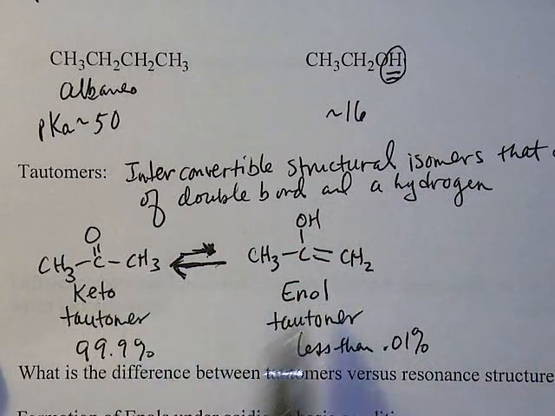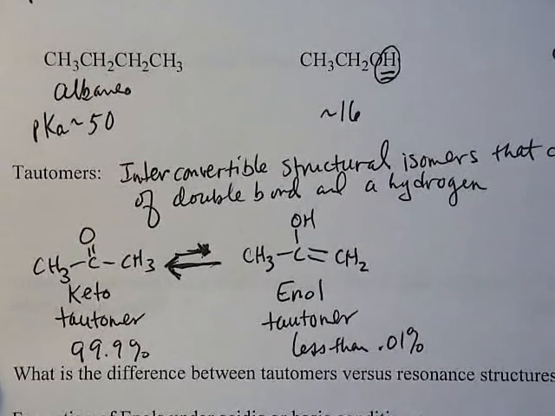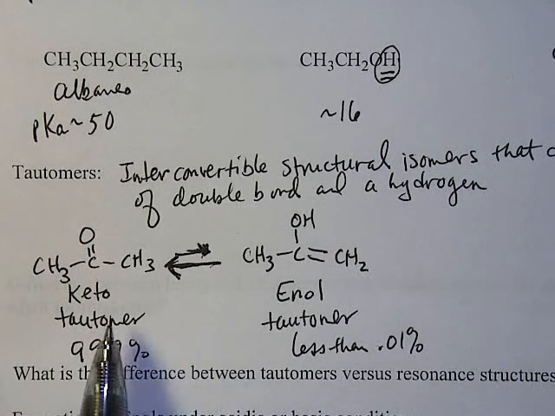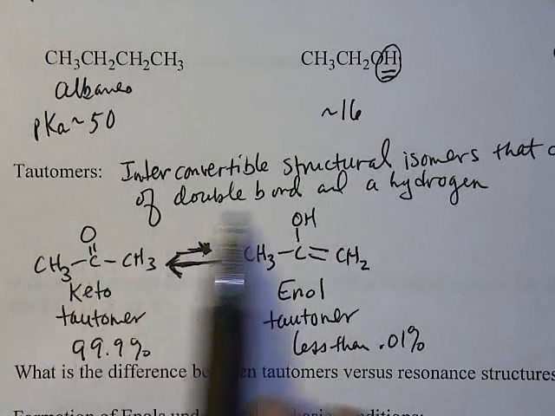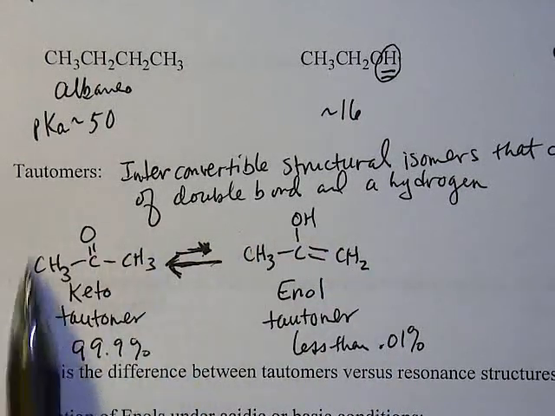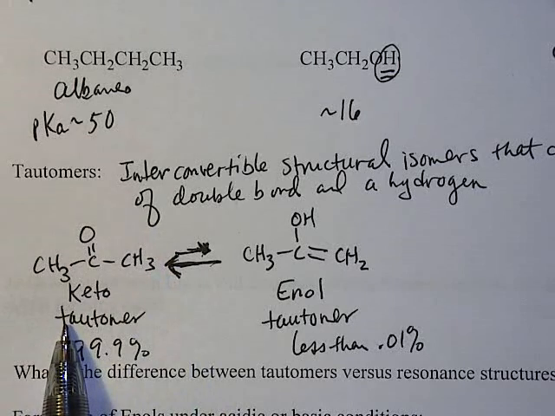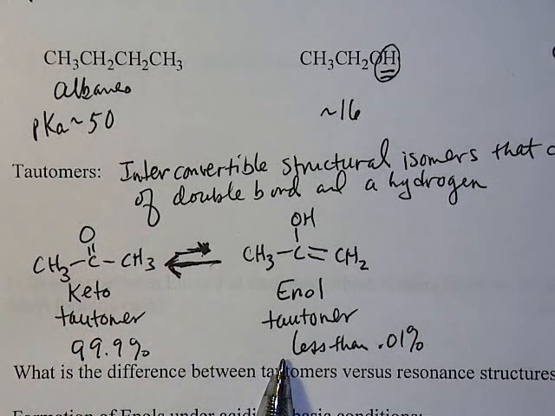But these two compounds are distinct species. They coexist, and for most carbonyl compounds, the population is the more stable keto form in majority, and a very, very small quantity of the enol form. But you have to realize that the enol form does exist.